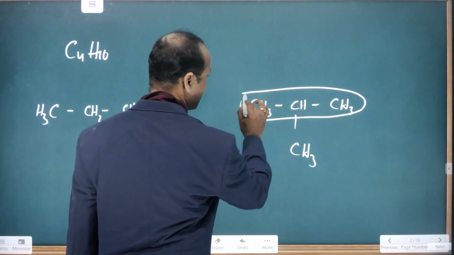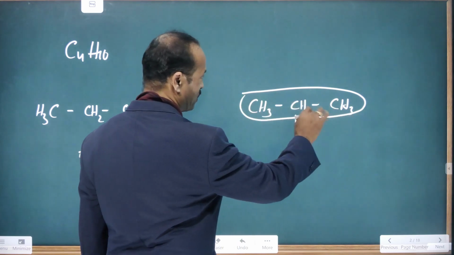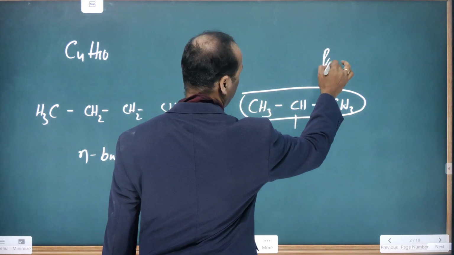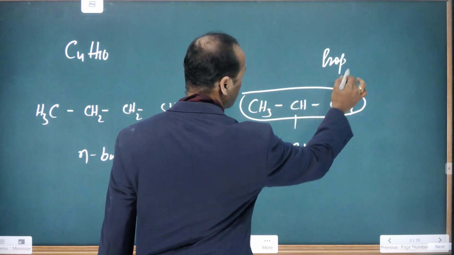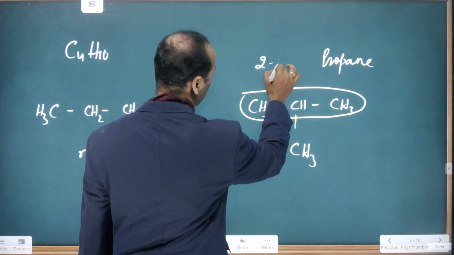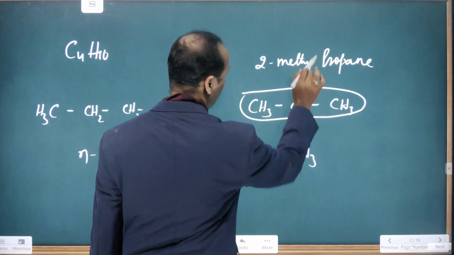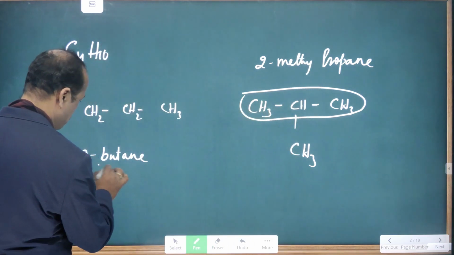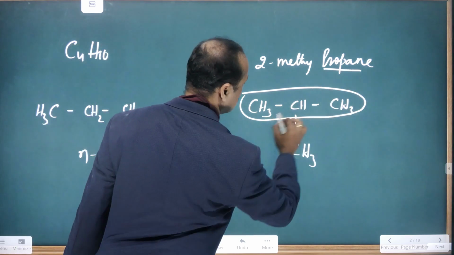Here the root word is 3. It consists of only 3 carbons, so this is propane. 3 carbons is called prop, and single bonds are there in propane. But for the second carbon, methyl is there. So 2-methyl propane. Here the longest chain is but; there the longest chain is prop.